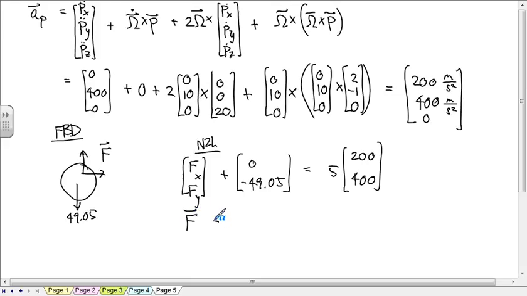And so the force applied to the mass by the bar is 1,000 newtons and 2,049 newtons. Right. That's right.